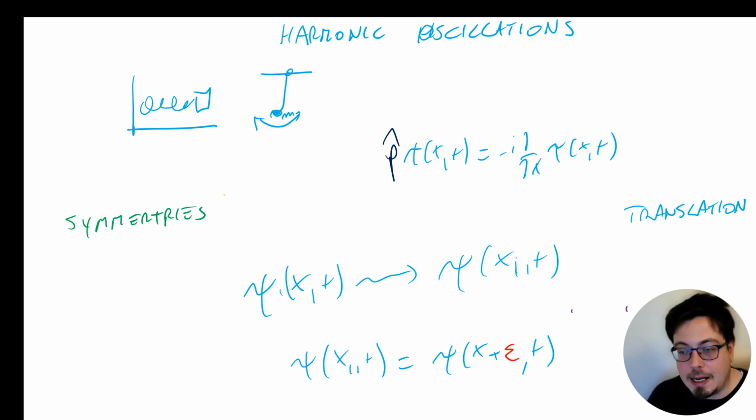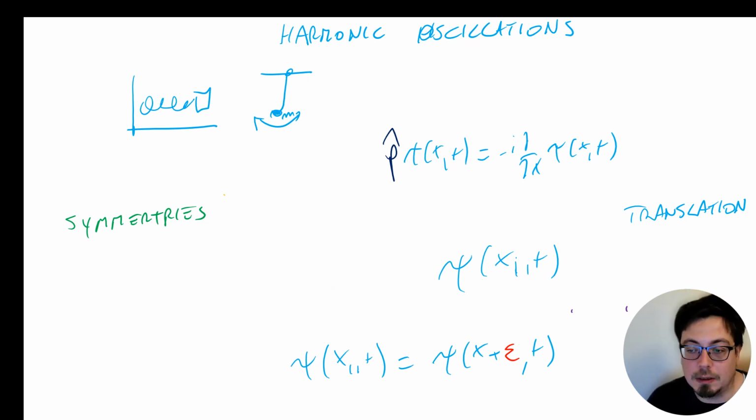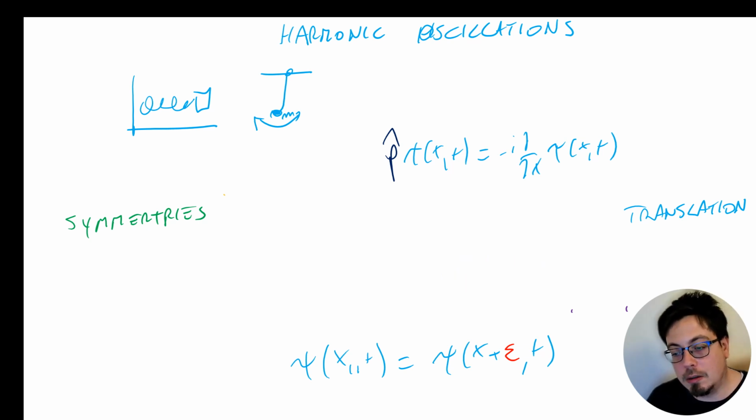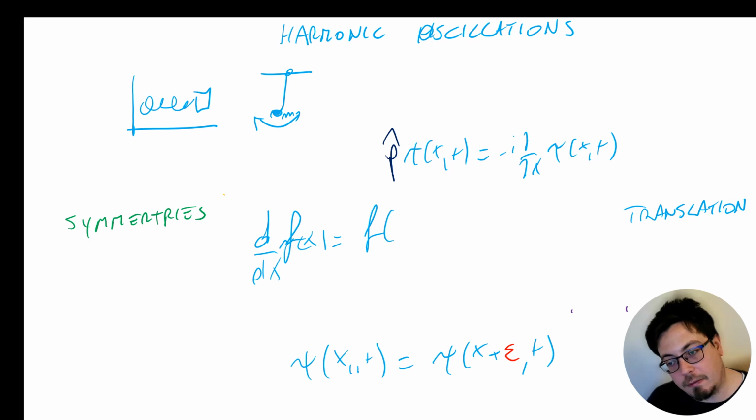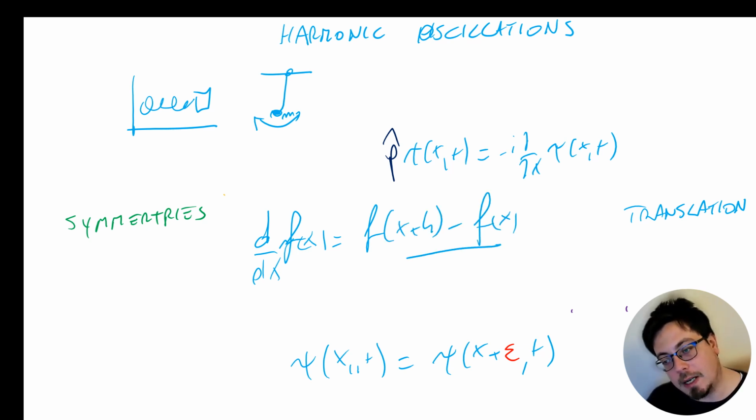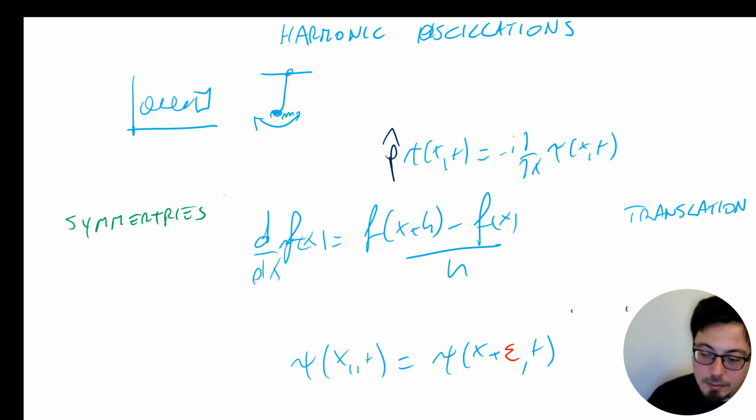Now, if you remember the definition of a derivative, what is the definition of the derivative? If you take the derivative of a function f, we can write it as f of x plus h minus f of x, divided by h, and then we take the limit.